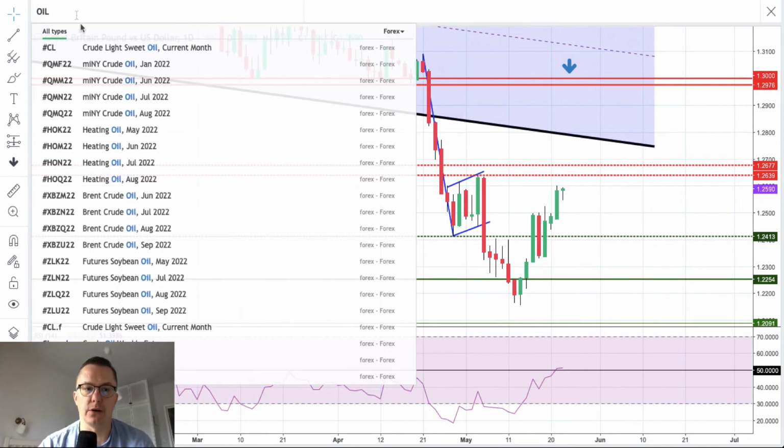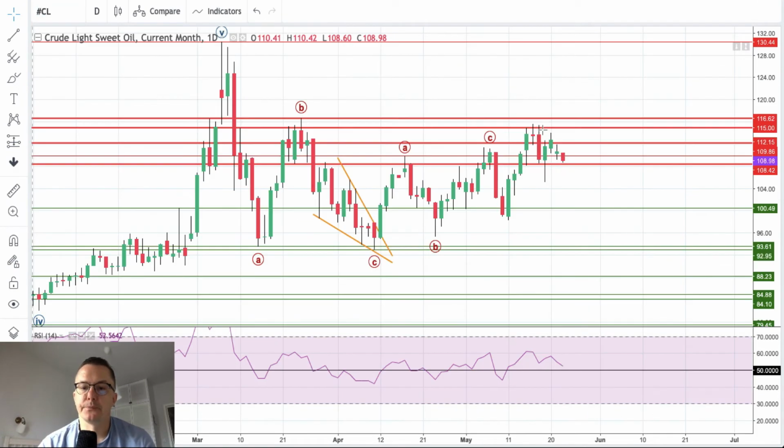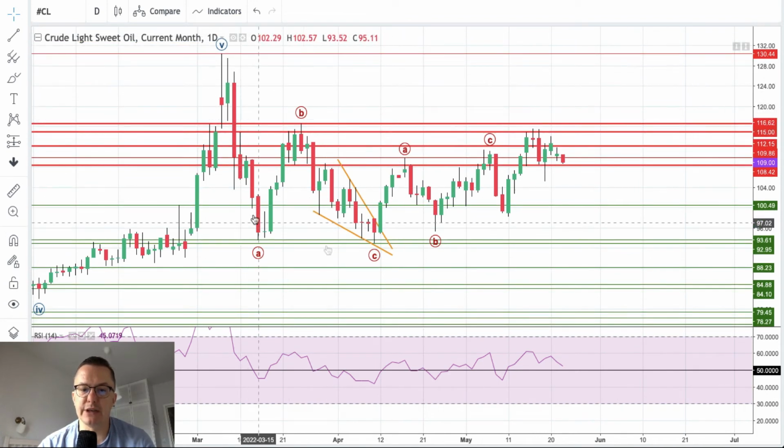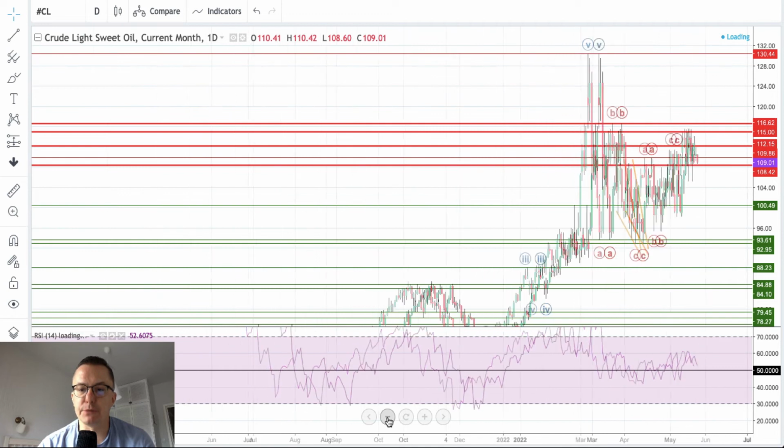What is going on with crude oil? As you can see, the crude oil is not doing much. However, this consolidation here starts to remind me of a very serious distribution pattern.